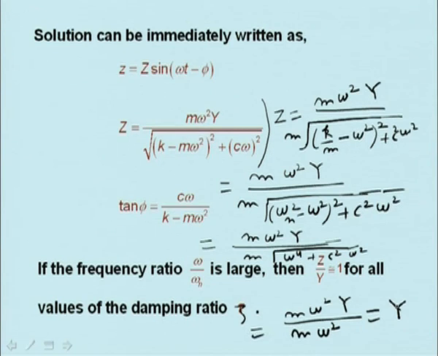That means if the support is being excited at a very high frequency, then Z will be equal to Y. Z is basically x minus y, as we have said.